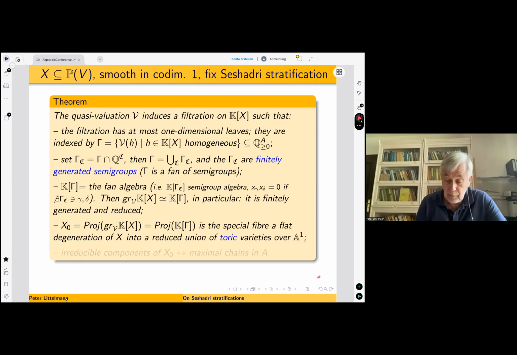So our X0, the special fiber, is the Proj of the associated graded algebra, which is isomorphic to the Proj of the fan algebra, which means it's a union of toric varieties, and it's a reduced union because the algebra is reduced. And last but not least, the irreducible components of X0 are in bijection with maximal chains in my partially ordered set.